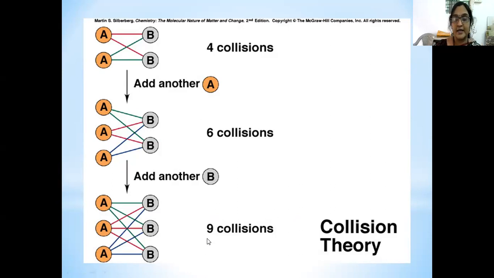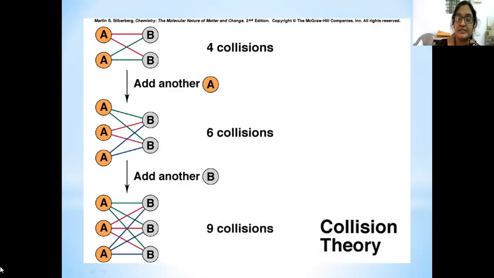If I consider the collision theory, where all collisions give product, the rate should be 9. But actually, if 100% product is formed, the rate should be 3. So the rate calculated by the collision theory is very much greater than the actual rate. This is the drawback of the collision theory.